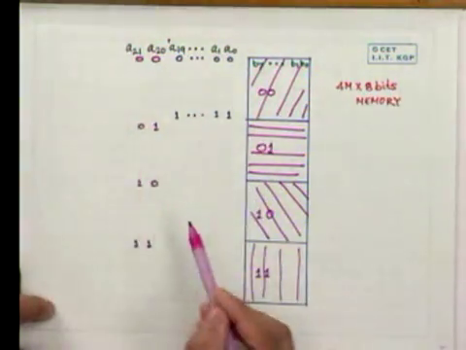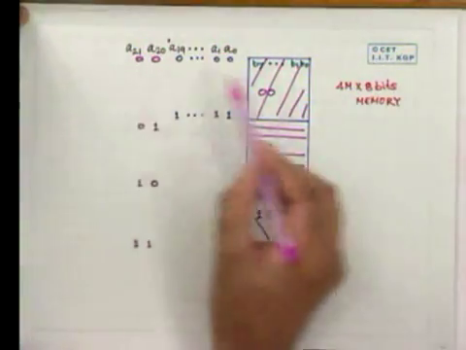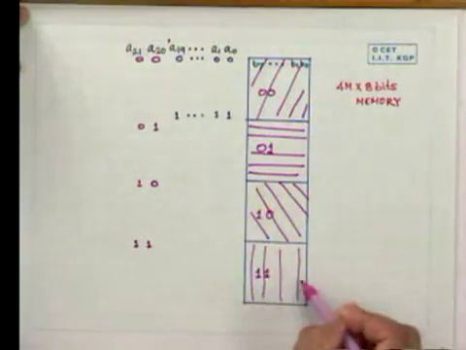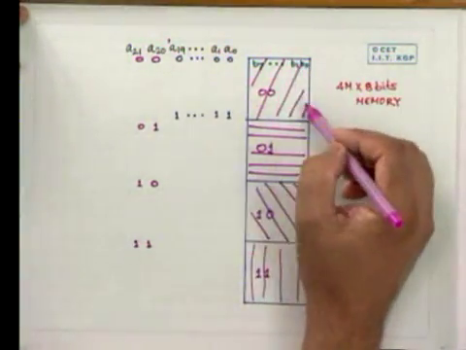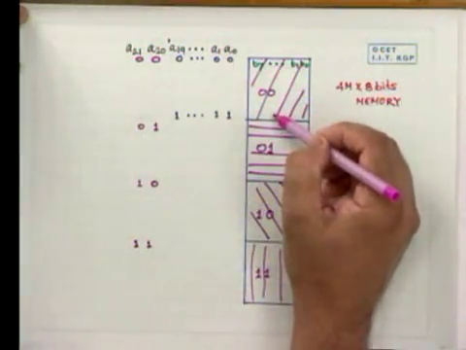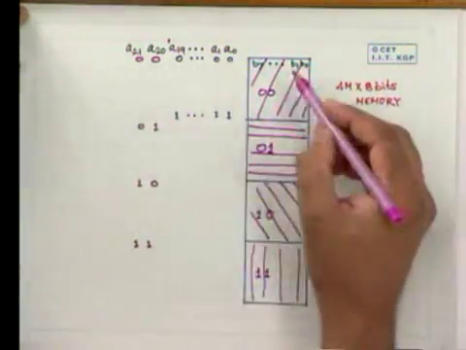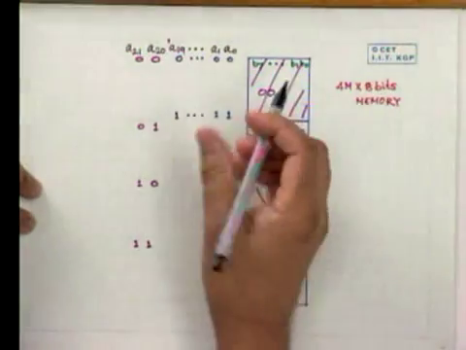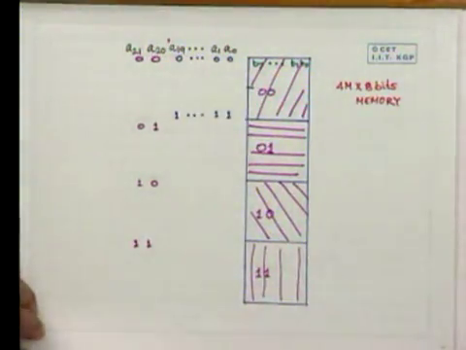A20 and A21 will select either of these 4 portions of the memory, each of which is 1 megabyte, and within that particular block, A0 to A19 will select a particular byte.